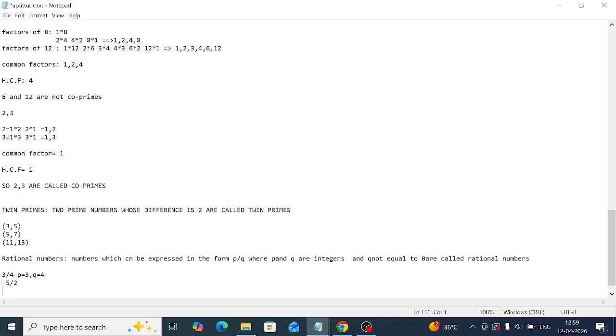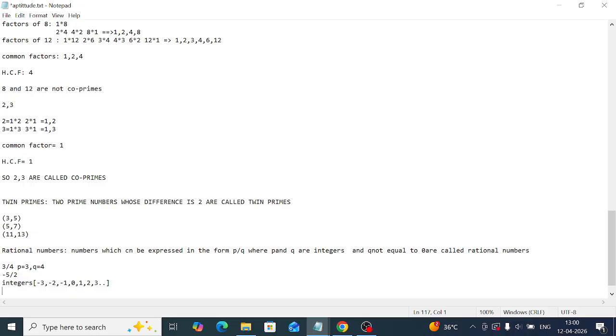Okay. Integers means what? See, P and Q are integers means minus values also. Integers means minus values too: minus 3, minus 2, minus 1, 0, 1, 2, 3 and so on.